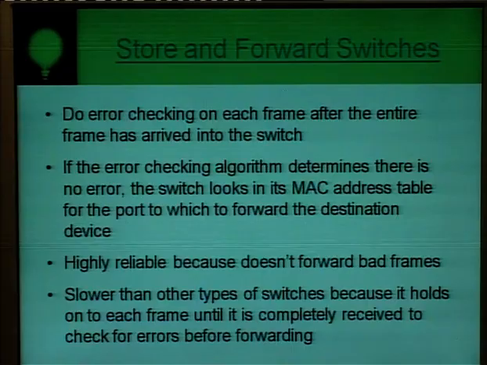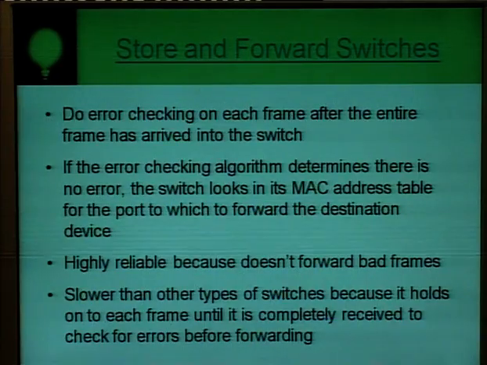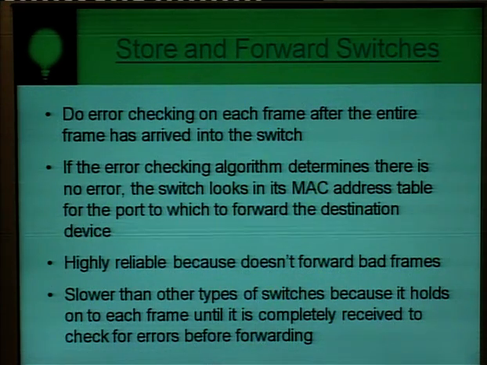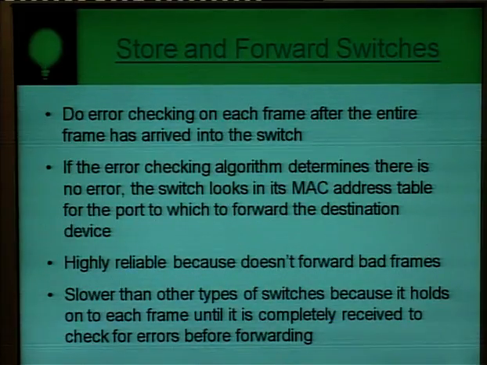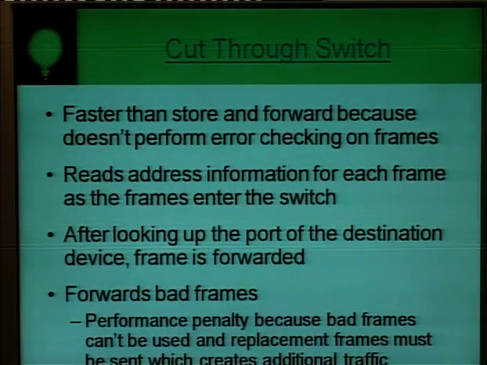So today's switches are not the passive or dumb switches. These are active switches which are doing their own more options, like error checking, and they are highly reliable. They do not send any bad data because they check the data, and they remove the bad frames from the data also. Another property is cut through switch.